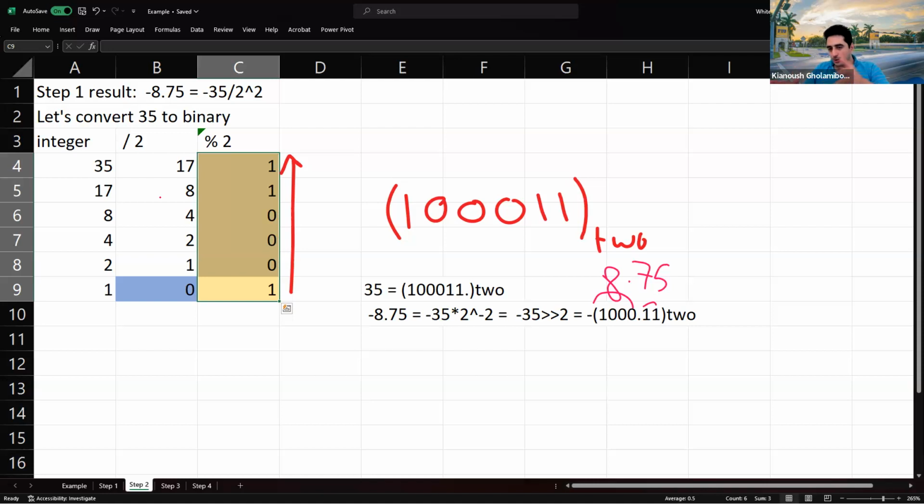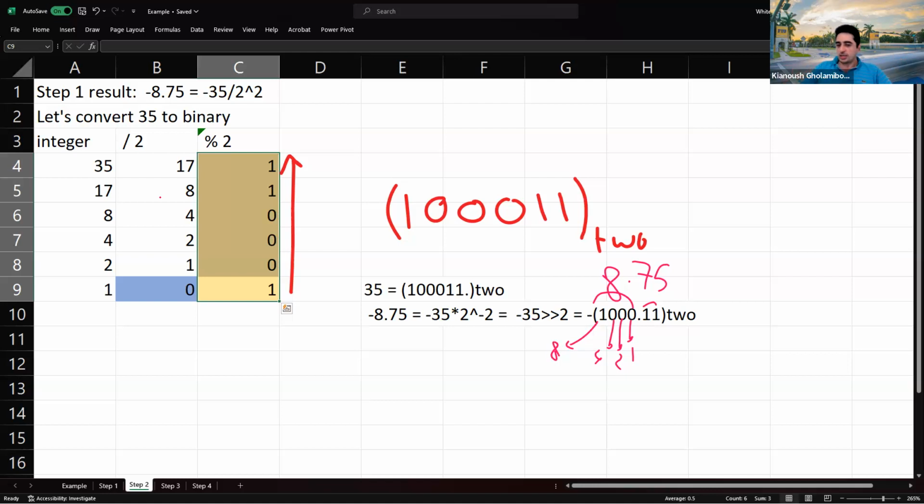after the binary point, the weight of every bit would be a negative power of 2. So just like the weight of bits before the binary point, which were powers of 2, for example, the weight of this one was 1, the weight of this one was 2, the weight of this one was 4, the weight of this one was 8, and that's why we said this number 1000 is 8.